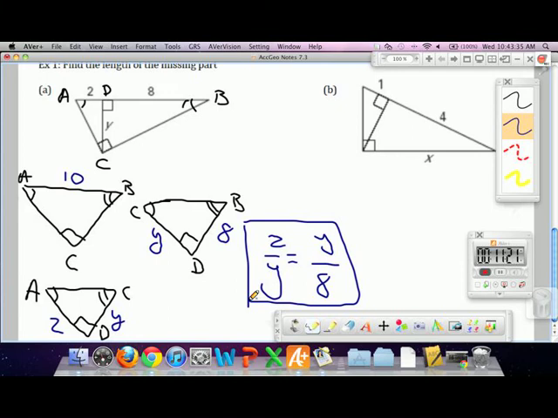The altitude was the geometric mean between the two parts of this hypotenuse that we created. The altitude, by virtue of our proportion we set up in drawing these triangles, is the geometric mean between these two segments. This is actually going to drive the first formula that we have on the back side. Solve, and we believe you get y is 4 in this case.